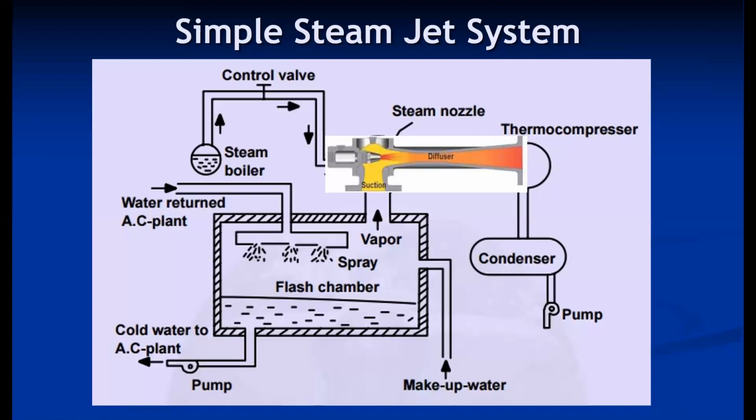Because of that, vaporization of water happens, and that leads to a decrease in temperature, because when water molecules evaporate, they take up heat from the water. The water is cooled, and some makeup water is then added.